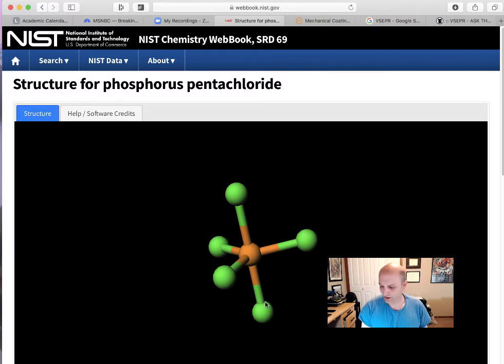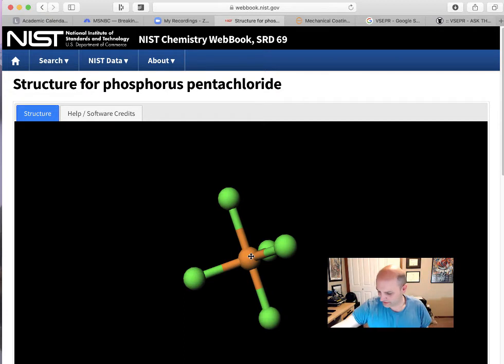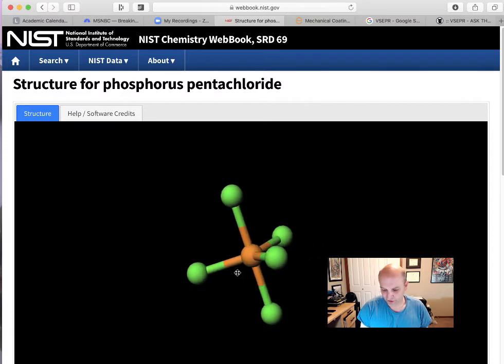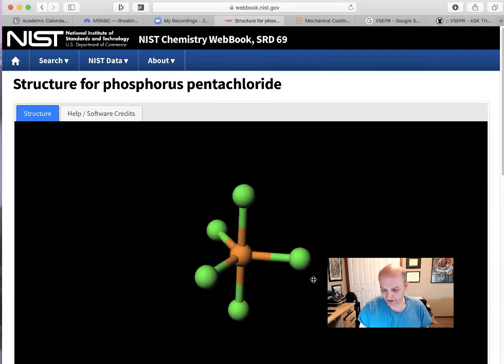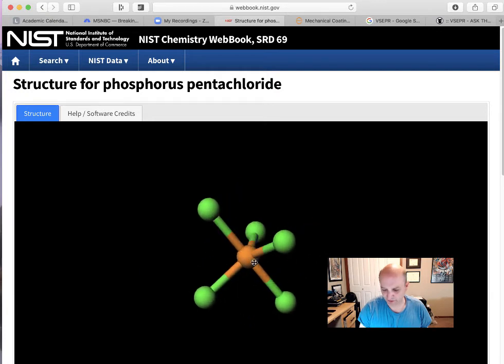It's called trigonal bipyramidal because you can imagine two 3-sided pyramids, one on the top and one on the bottom, and that's what that looks like. The other examples I would give you look just like that too. It's bonded to all of these; all of these are bonding pairs.